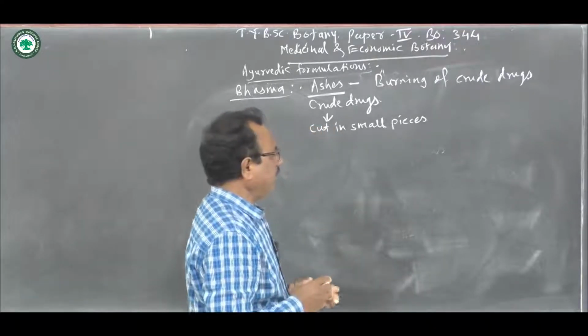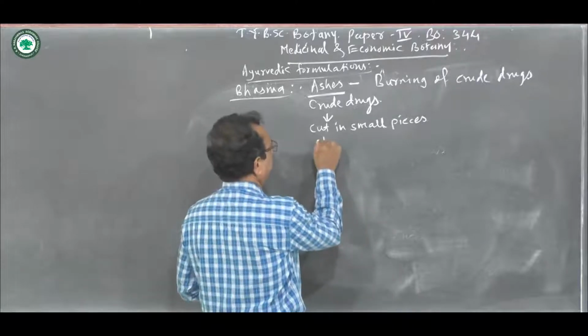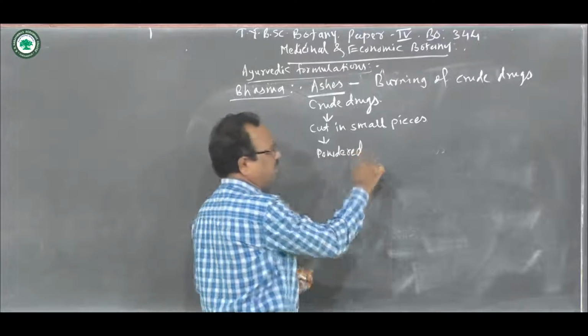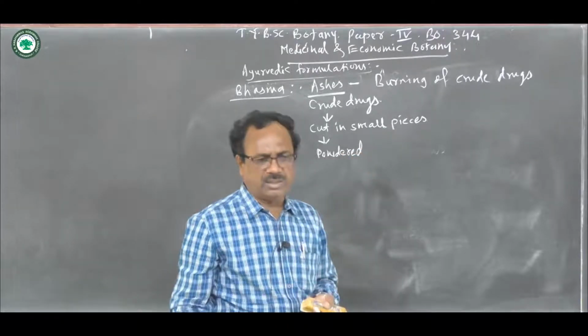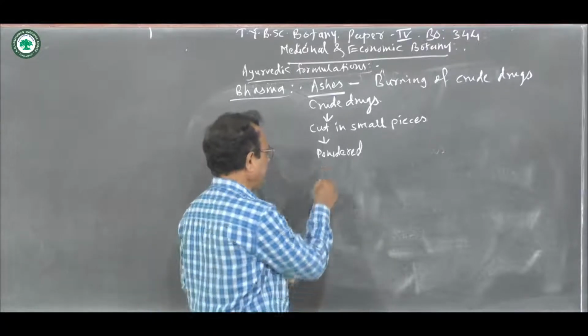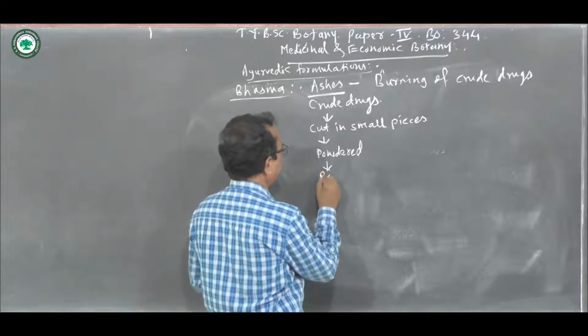So the crude drugs are taken, cut into small pieces, and then powdered. From this crude drug the powder is prepared, and then later on the entire powder is burned.